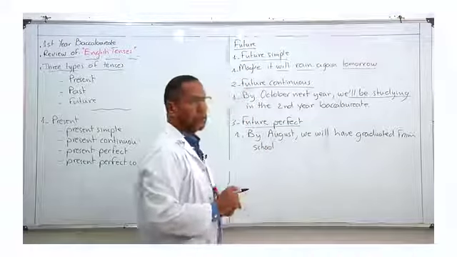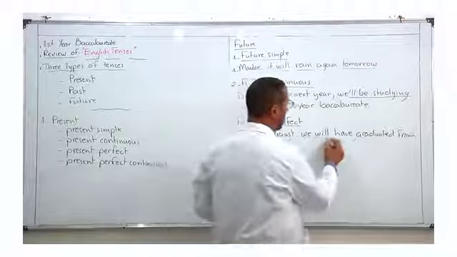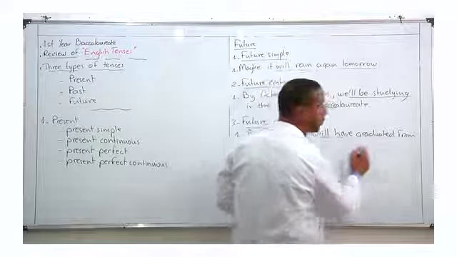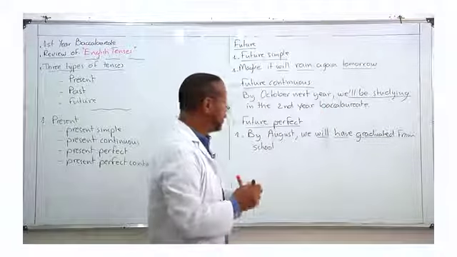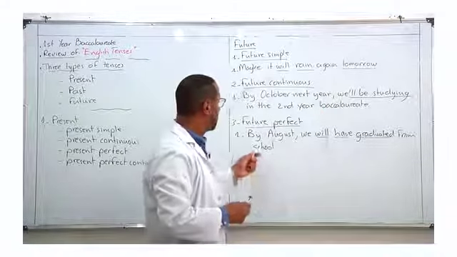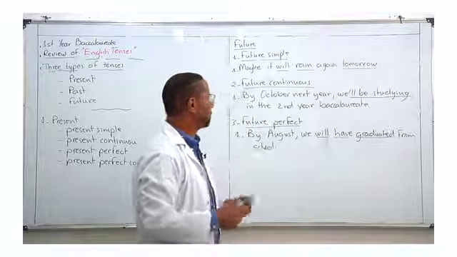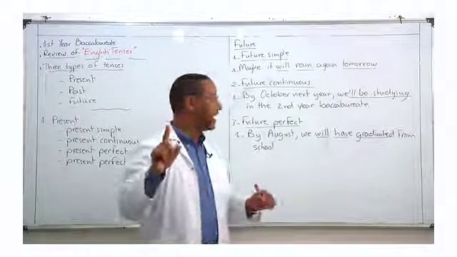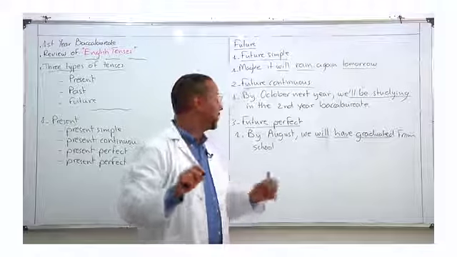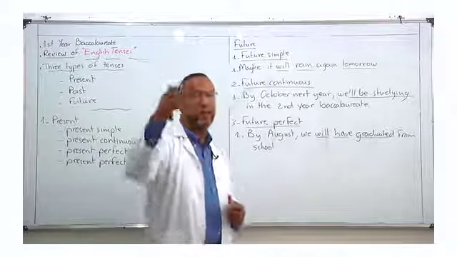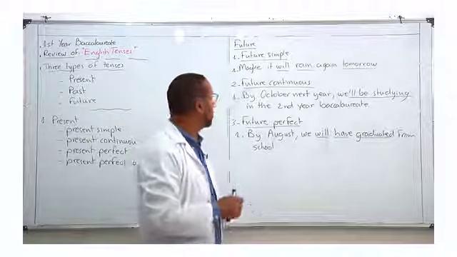Okay, so the future perfect is made here with will plus have plus the past participle of the verb. Now what is the use of future perfect? It tells us that the action will be finished at a certain time in the future.